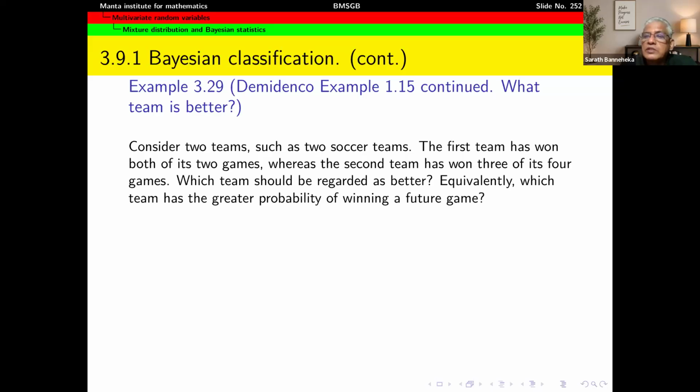So how do we answer this question? In order to answer this question, first of all, we have to define what we mean by better. Right? Which team should be regarded as better? Whenever we decide which team should be regarded as better, we have to define what we mean by better.